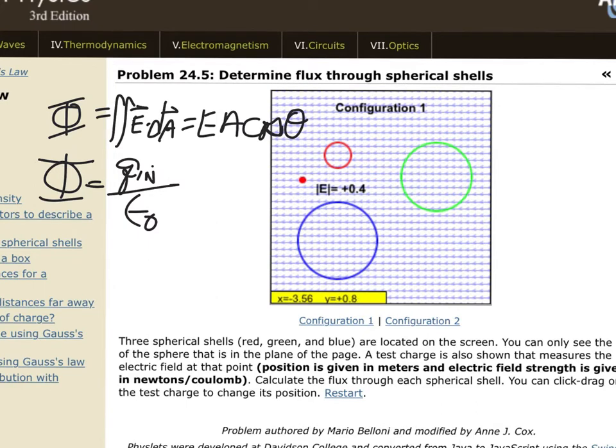We find out that the field is uniform everywhere. Now notice this is the magnitude of the field, but what's the direction? The direction is given by the arrows. So for each of these spheres, the flux that goes in is the flux that comes out, because the field is uniform.